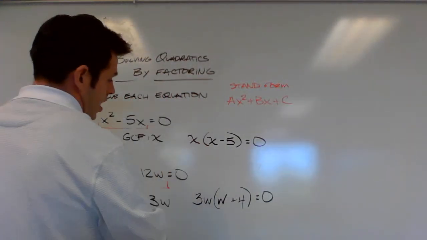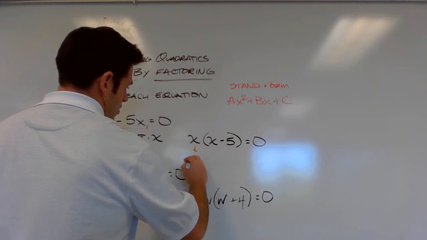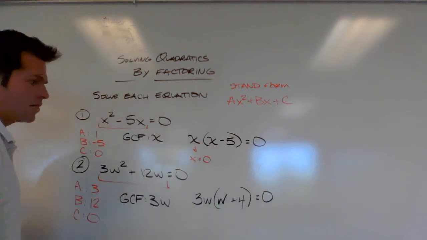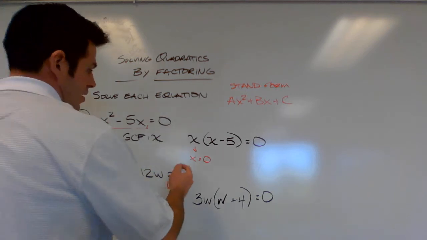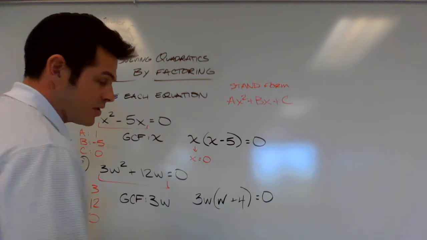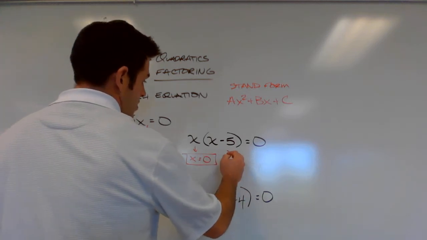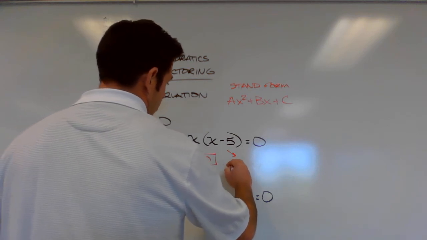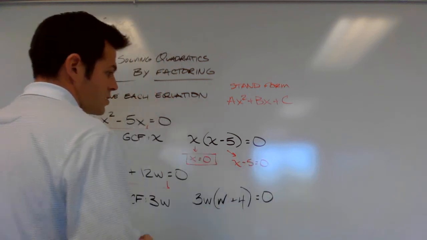So the zero product property here tells me I'm going to set the term on the outside, x, equal to 0. And there's really no math work there to be done. It's x is equal to 0. And I'm going to set what's inside the parentheses equal to 0.